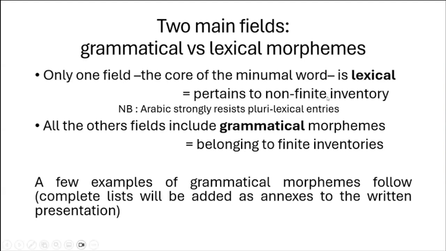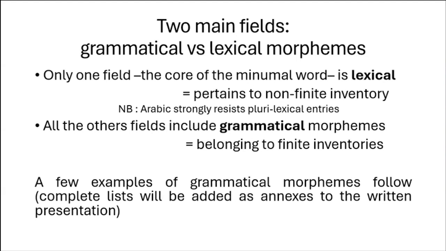Lexical entities pertain to non-finite inventories. It doesn't mean that they're infinite. It just means that they're always open to new words being added. Arabic strongly resists plurilexical entries. Why does Arabic resist plurilexical entries?